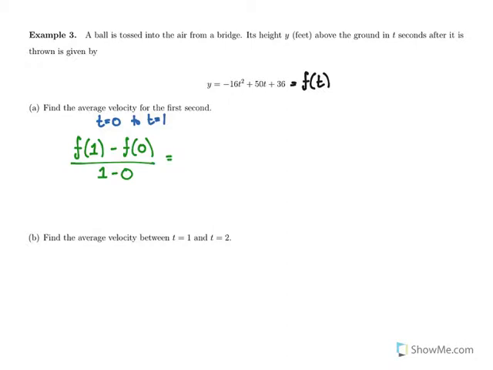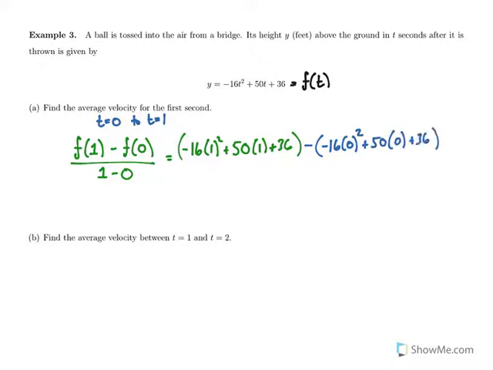In that case, that's going to be negative 16 times 1 squared plus 50 times 1 plus 36. That's plugging in 1 into the function, minus plugging in 0 into the function, negative 16 times 0 squared plus 50 times 0 plus 36, all divided by, in this case, 1 minus 0, or 1.